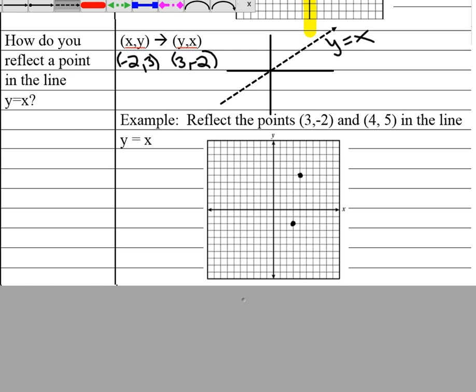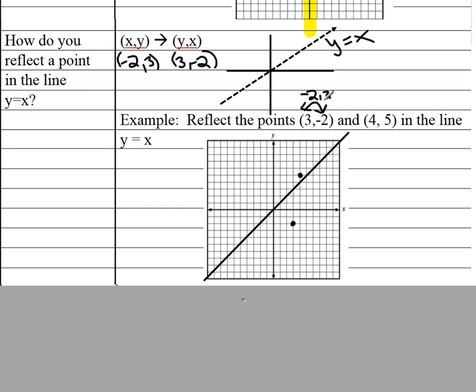And we are going to reflect these over the line y = x. I'm going to draw the line in to guide you as a visual. And the rule is that to reflect them over the line y = x, we flip-flop the x and y. So this should be -2, 3 over the line y = x, and this point should be 5, 4.